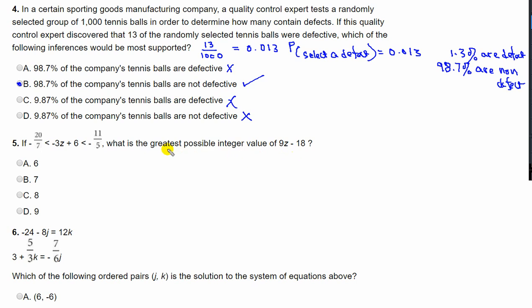What is the greatest possible integer value of 9z minus 18?